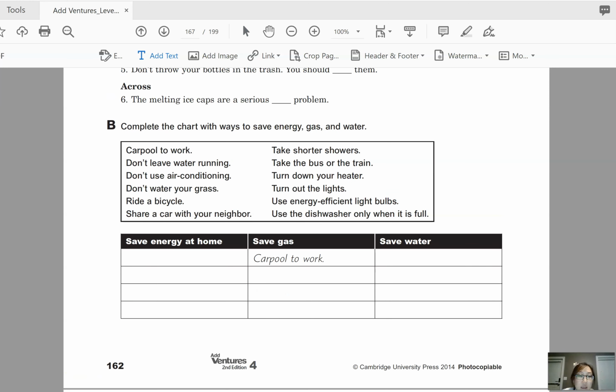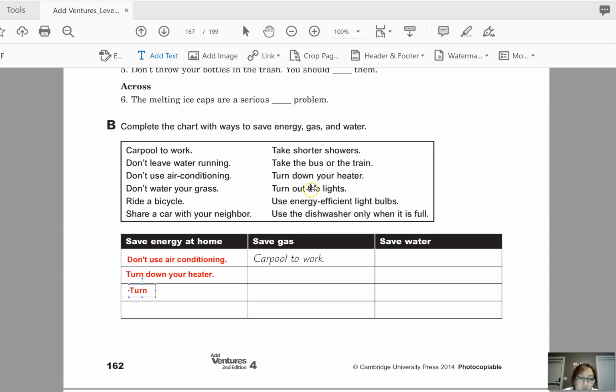Okay, let's look at the first category, save energy at home. So you can say, don't use air conditioning. And then the second one is turn down your heater. The next one is turn.